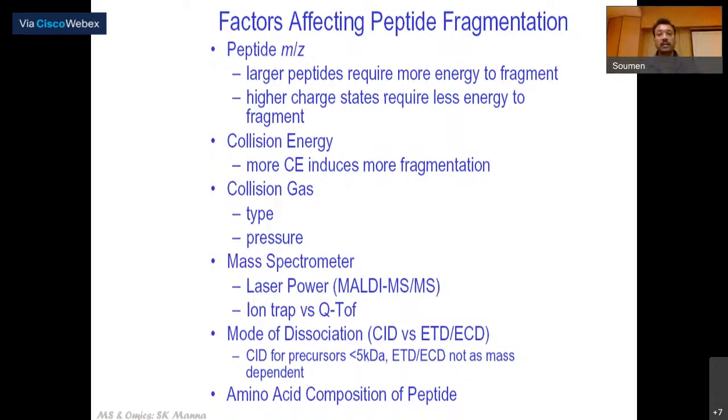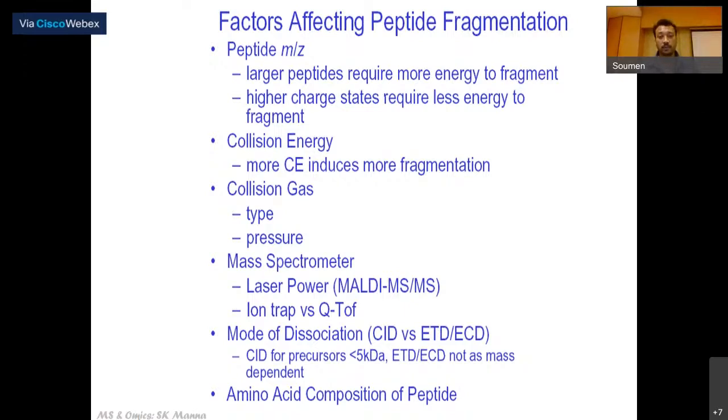So we have to remember that there are things that affect the peptide fragmentation pattern. One is the peptide m/z value. If the peptide is very large, then it will require more energy to fragment. If it is a smaller peptide, it will fragment easily. If it is a higher charge state, it will be easy to fragment because the Coulombic repulsion will help.